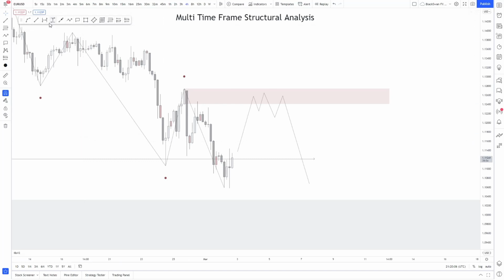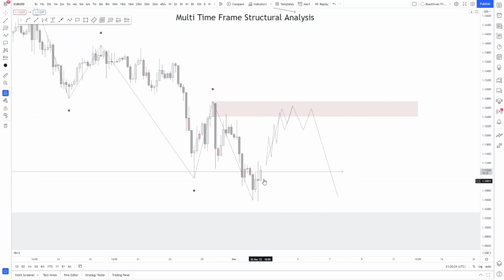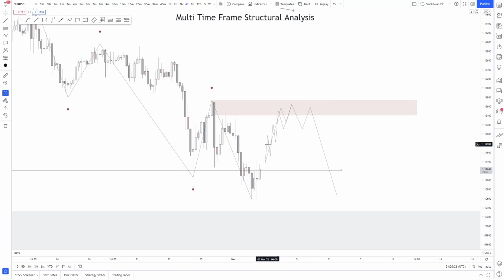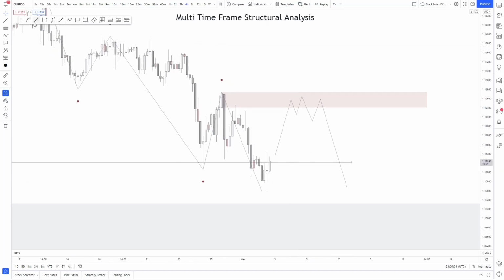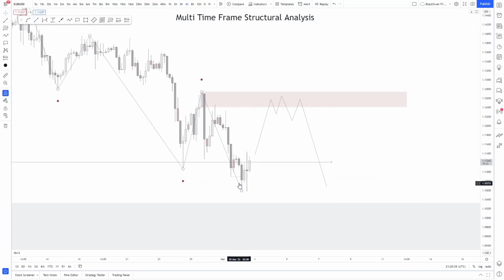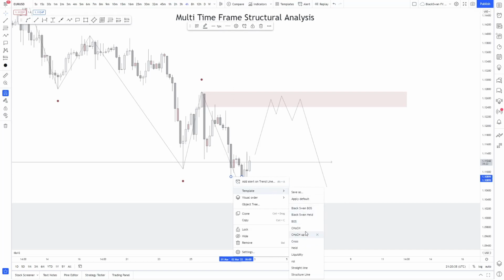So, you know, my view right now is if we get that breaker structure here, that we get our 15M bullish cycle until we see a realignment of the order flow on timeframes to then sell back down. So right now I'll be thinking, okay, so I've had my first sign of order flow shifting here in the form of change of character.